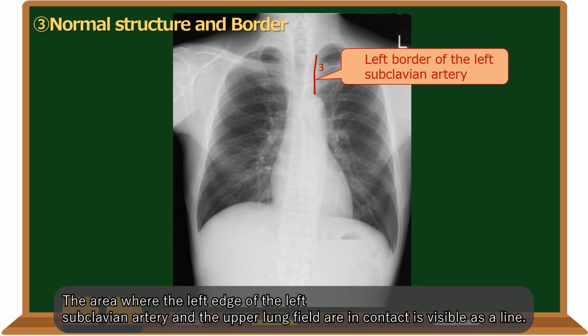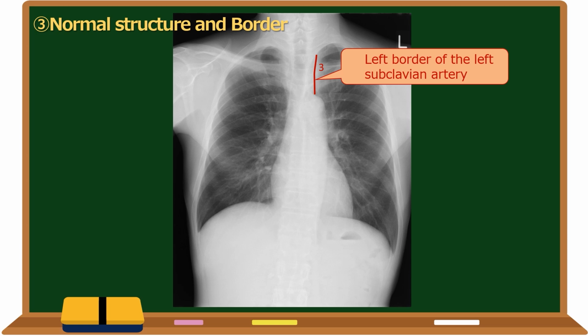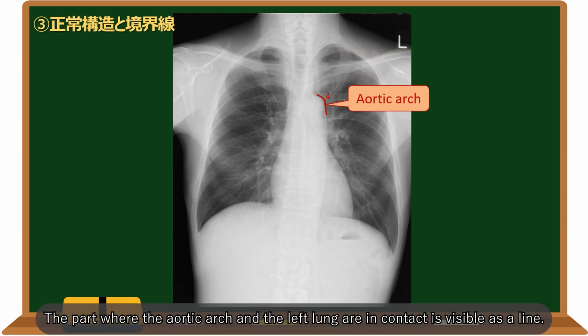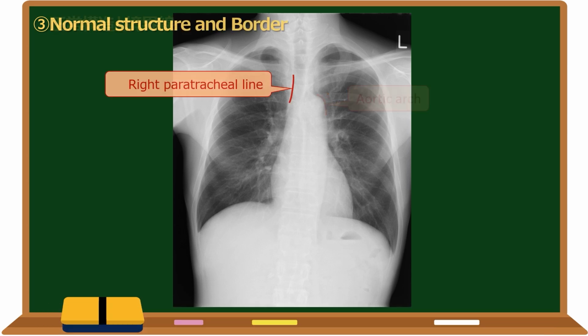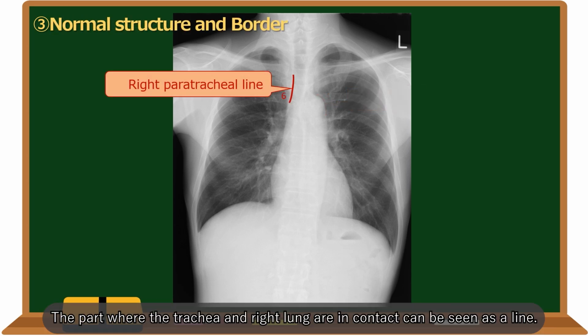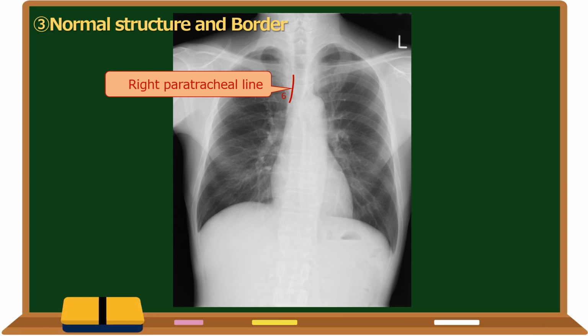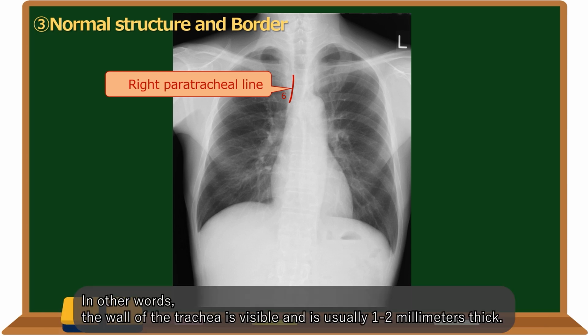The area where the left edge of the left subclavian artery and the upper lung field are in contact is visible as a line. The part where the aortic arch and the left lung are in contact is visible as a line. The part where the trachea and right lung are in contact can be seen as a line. In other words, the wall of the trachea is visible and is usually 1 to 2 millimeters thick.